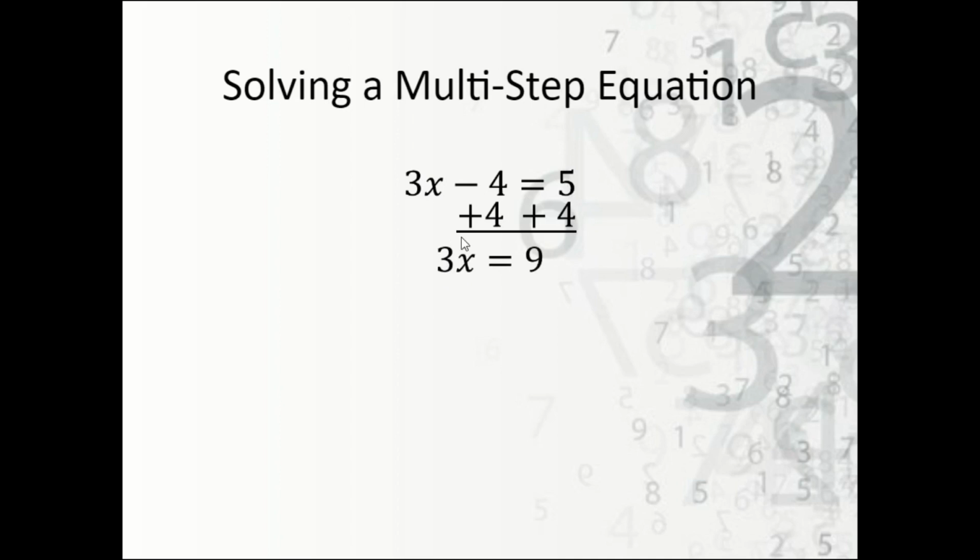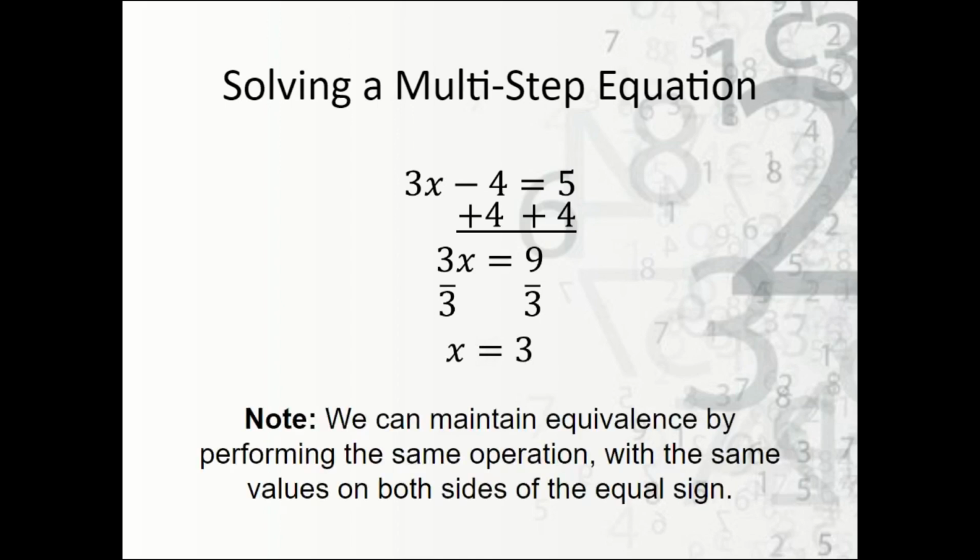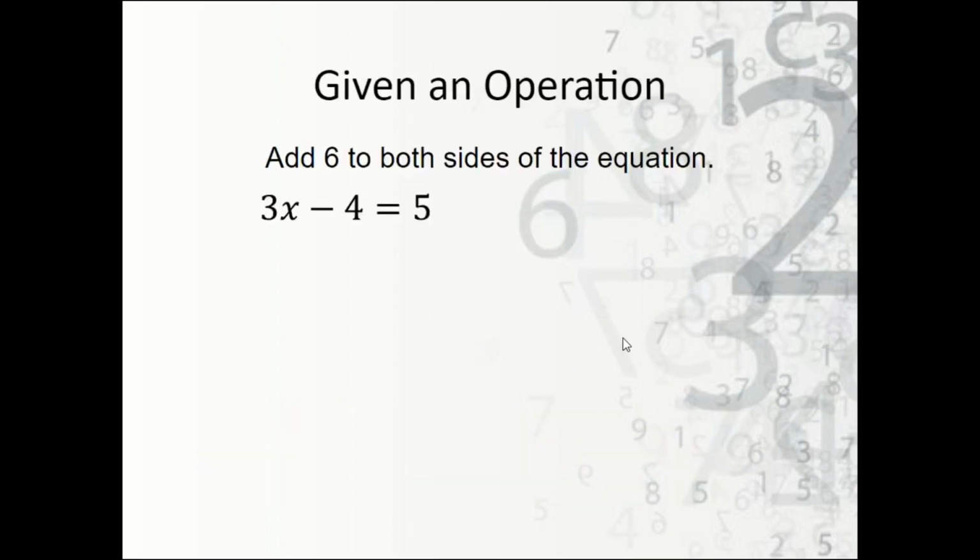Then we recognize that 3 times x, to undo that, we're going to divide. So we divide both sides by 3, we get x is equal to 3. Easy enough, that's what we all would probably do. So to make sure that we maintain balance, we perform the same operation with the same values on both sides of the equal sign. Okay, easy enough.